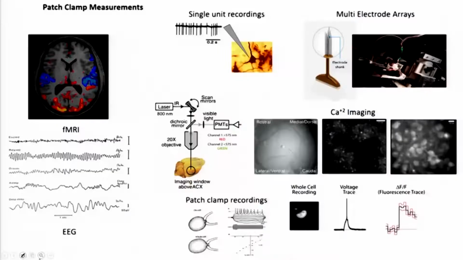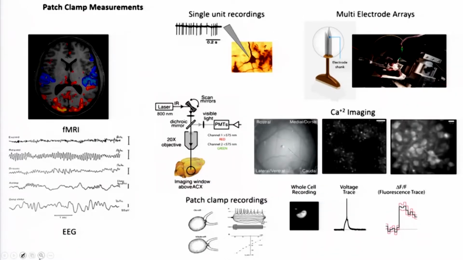So, let us briefly review our previous understanding of how we measure activity from the brain. As you may recollect from one of the earlier lectures, fMRI and EEG are used non-invasively and are useful for recording activity in humans, but their temporal and spatial resolution are not close to what we want when we try to understand computation by single neurons.